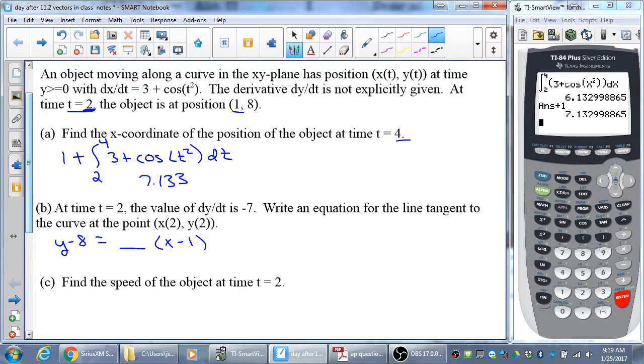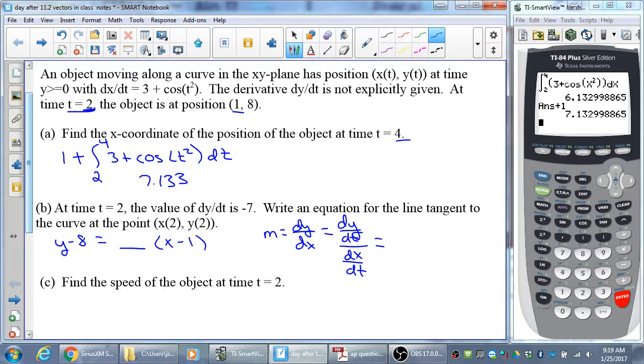So we know a lot of the equation already. We just need the value of the slope. The slope is dy/dx, but this is parametric, so it's really dy/dt over dx/dt. There's that third party, that parameter, that we have to consider.